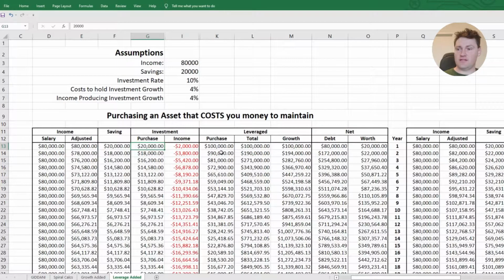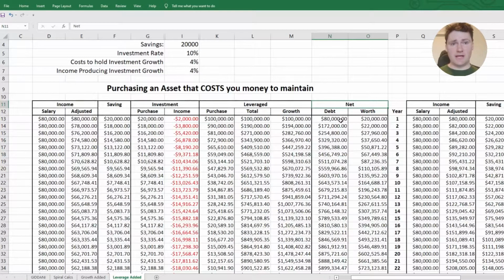So $20,000 down, $100,000 investment real estate. We've added some columns to tally up what the total value of those real estate is and what the growth in that real estate is over a long period of time. The last column is net, and it's the difference of net debt and net worth.